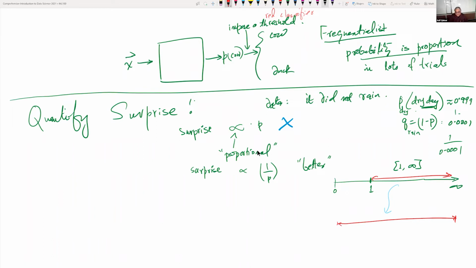One simple trick is you say surprise is (1/P minus 1) whole divided by (1/P). So let's try 1/P minus 1, whole divided by 1/P. Let's try that out.